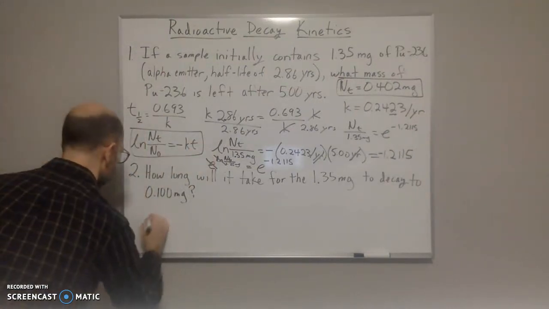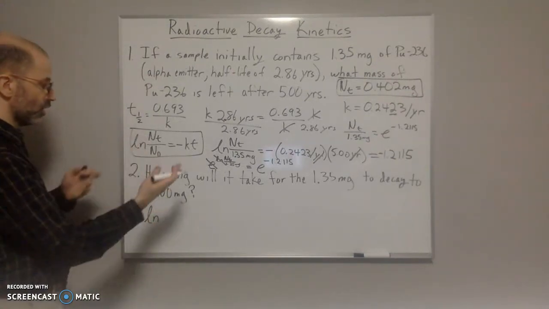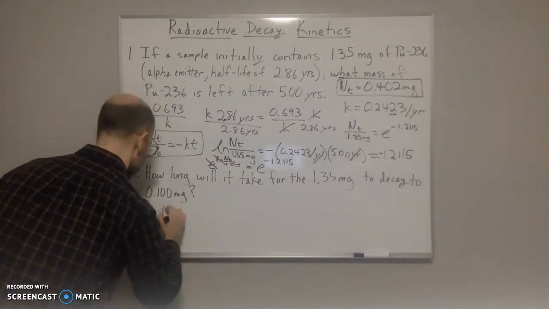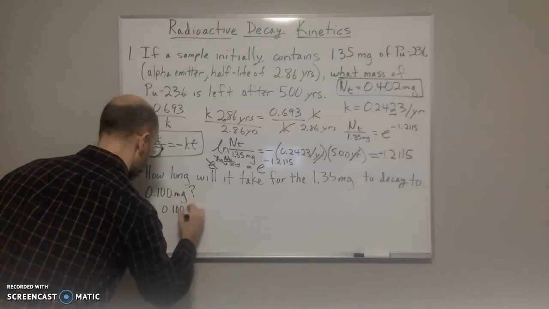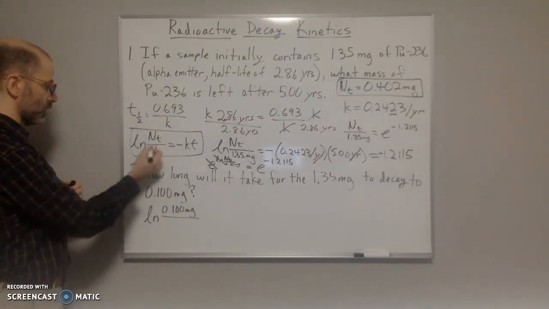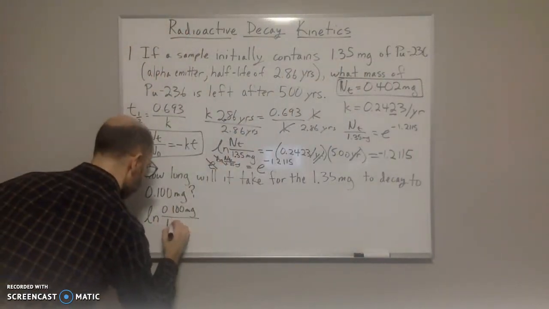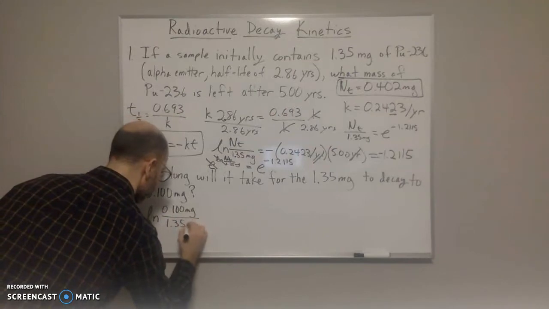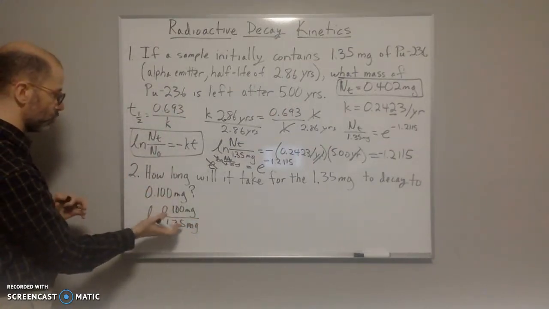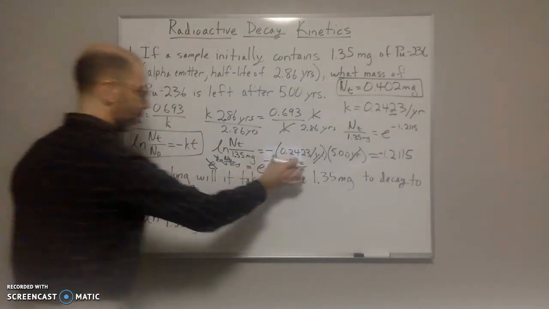This time they're giving me n_t, which is 0.100 milligrams, over the starting amount, which again is 1.35 milligrams.